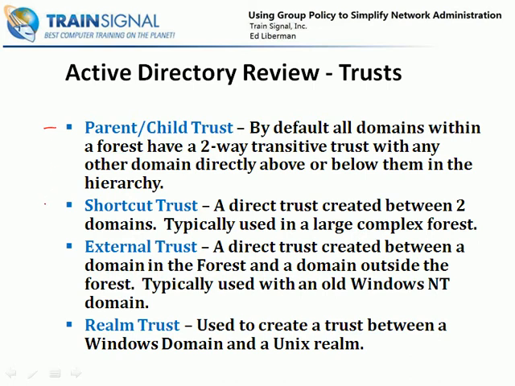Now, another type of trust I'd like to talk to you about is something called a shortcut trust. A shortcut trust is a direct trust relationship that is created between two specific domains. Typically, this would be used only in a large, complex forest, or, as we'll see a little bit later, if we have two or more forests that have a complete trust with each other, we may want a shortcut trust directly from one domain that's way down low in the hierarchy to another domain that's way down low in the hierarchy.